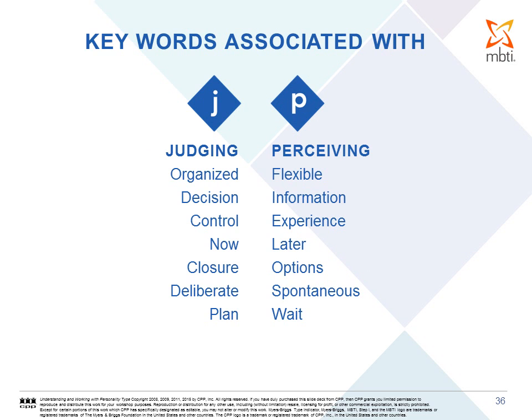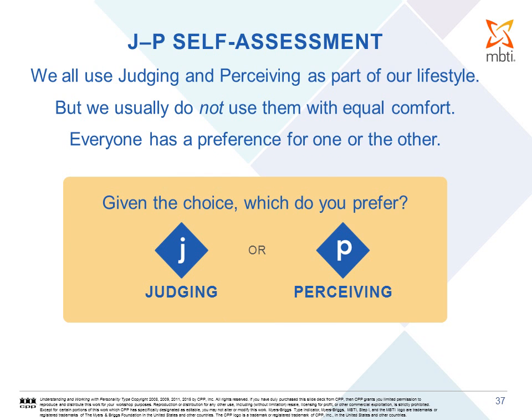So some of the key words associated with J and P: organized versus flexible, decision versus information, control versus experience, now versus later, closure versus options, deliberate compared to spontaneous, plan compared to wait. So, given that information and given the choice, which is your preference, judging or perceiving?